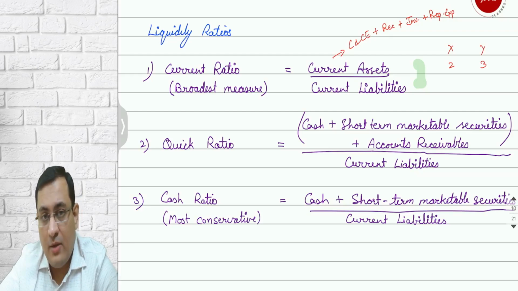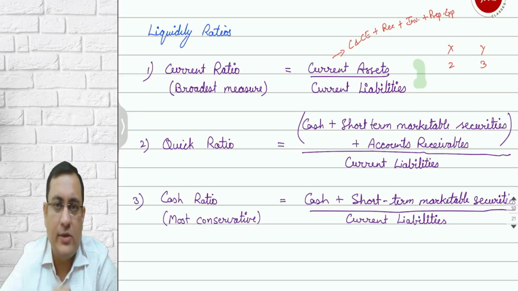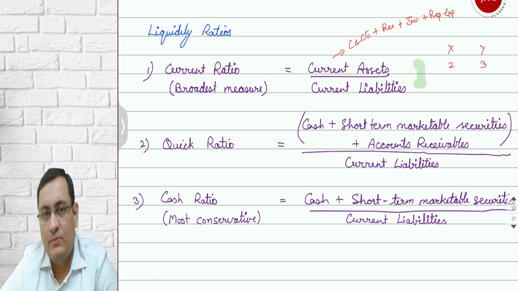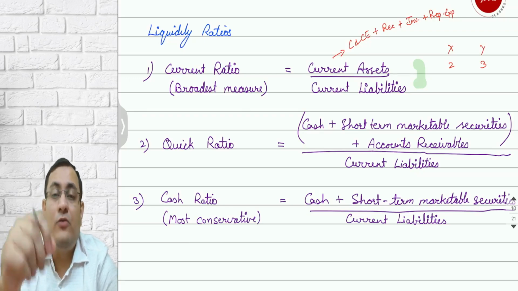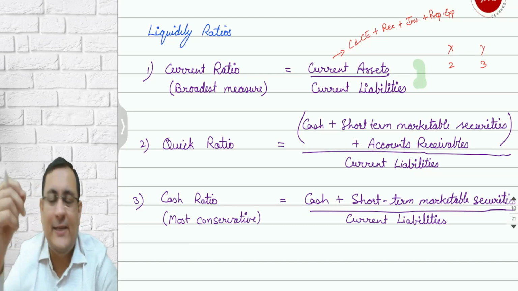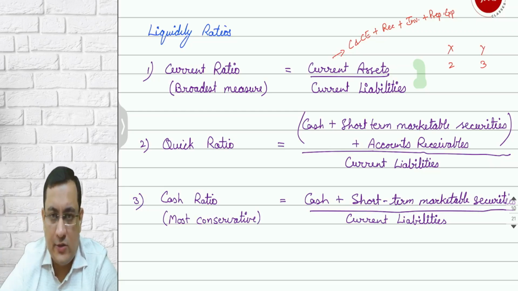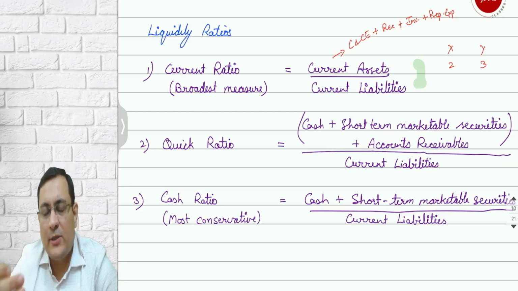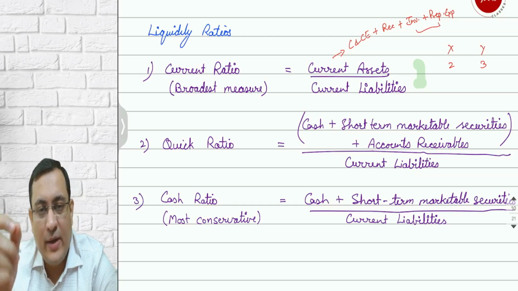Now, can we quickly convert our inventories and our prepaid expenses? No, because we cannot force our customer to purchase goods from us. If we cannot force, we cannot quickly convert them. It depends on the customer's choice, which is out of our control. And prepaid expenses are generally not refundable. So these two are not classified as quick assets.